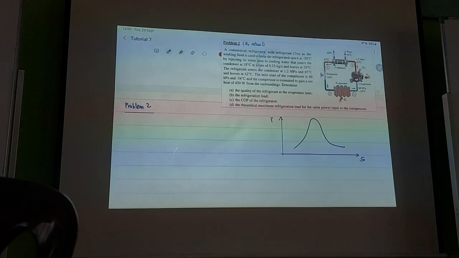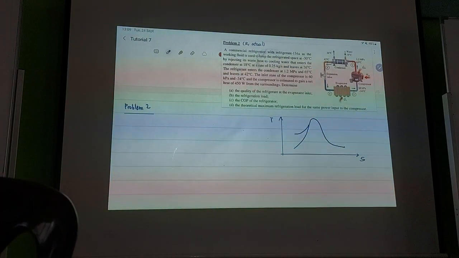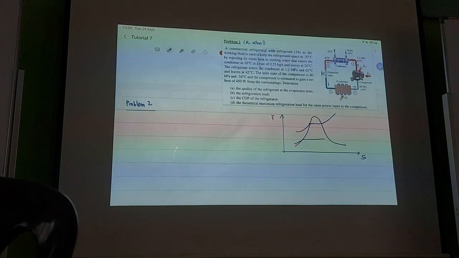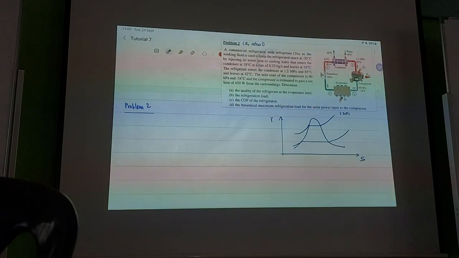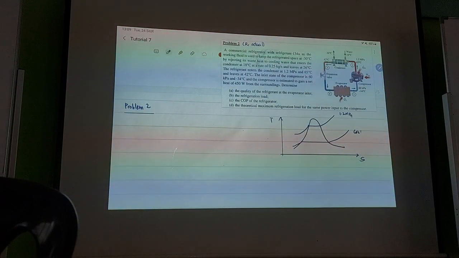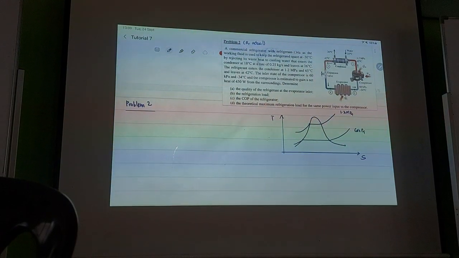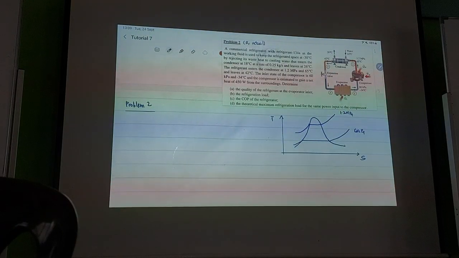We know that there are always 2 pressure levels here, 1.2 megapascal and 60 kilopascal. You can see them from the question as well. So these are the 2 pressure levels.